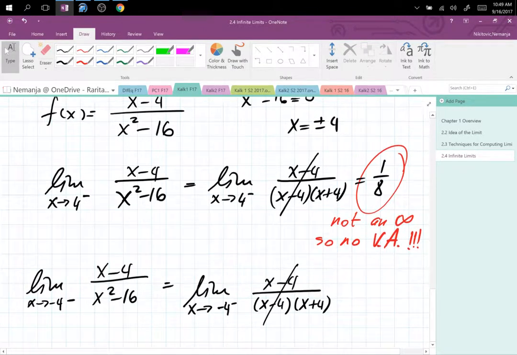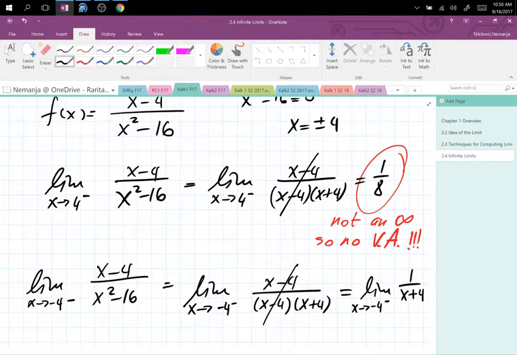So now you are not allowed to plug in because it doesn't work. As x goes to negative 4 from the left, you can't plug in because you get 1 over 0. And you have to resort to a graph or a chart.